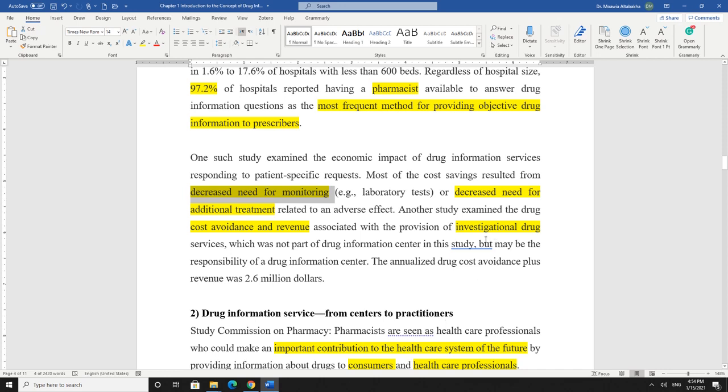Another thing which influenced drug information, as I told you previously, is investigational drugs. So what are investigational drugs? As I told you previously, it's a new drug which is in clinical trial, especially in phase 3, where they recruit patients who have the disease and want to see whether the new drug will be effective in managing this disease.